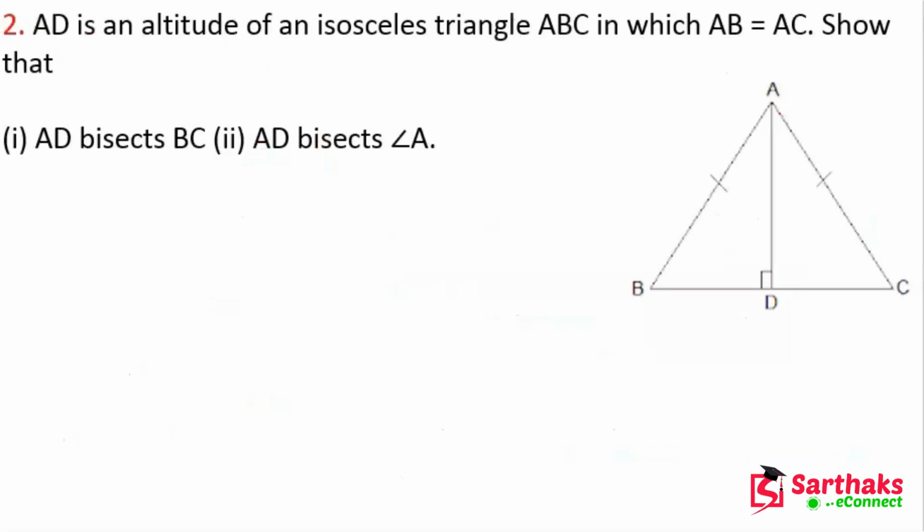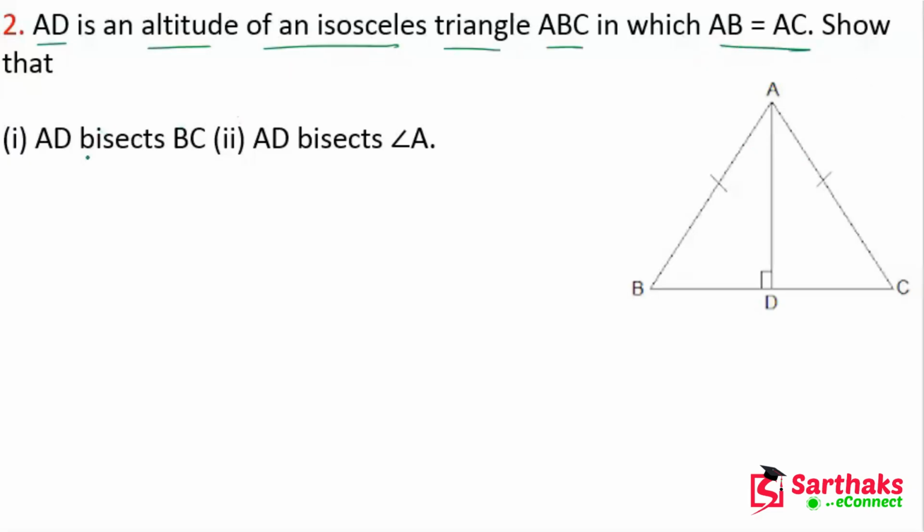So the next question is, my dear friends: AD is an altitude of an isosceles triangle ABC in which AB is equal to AC.